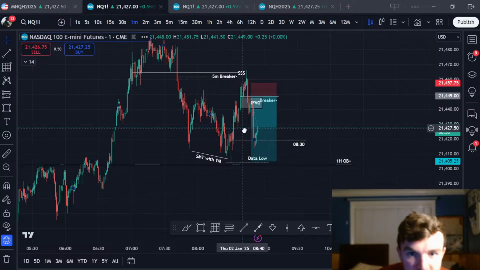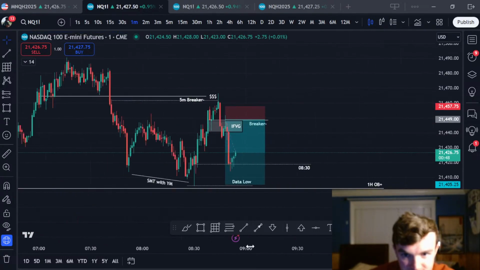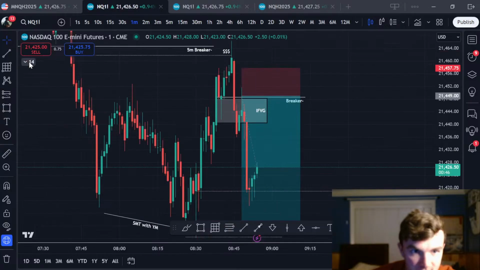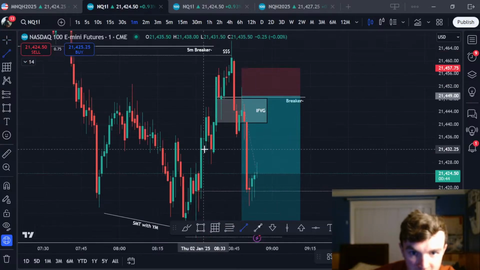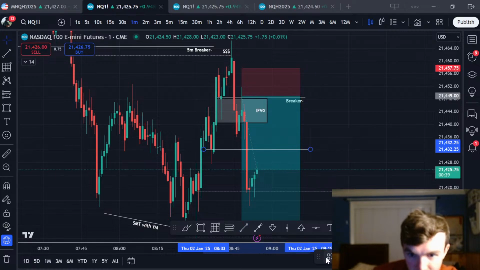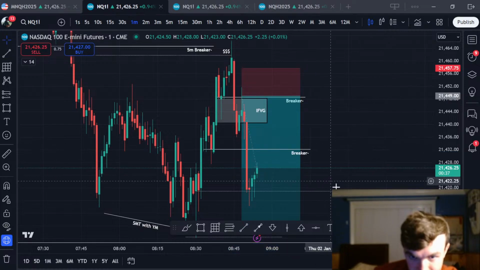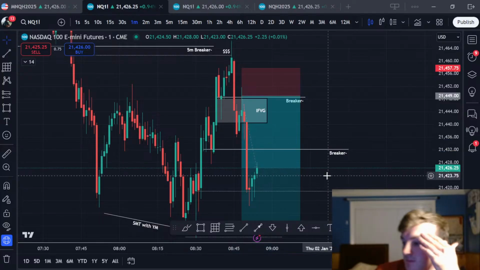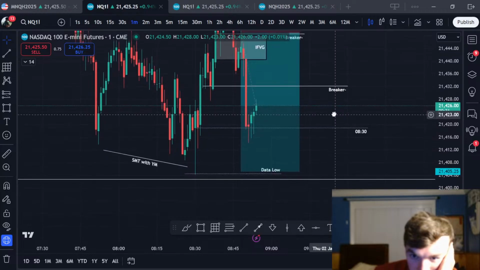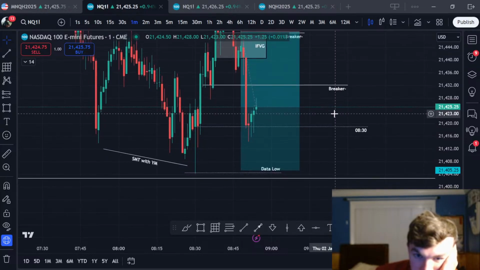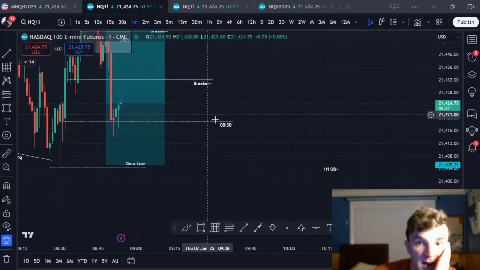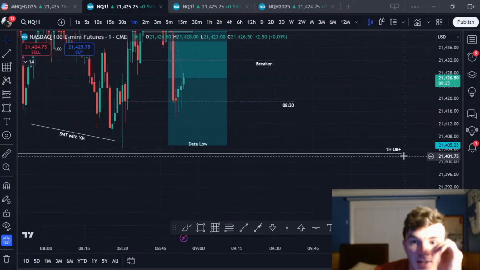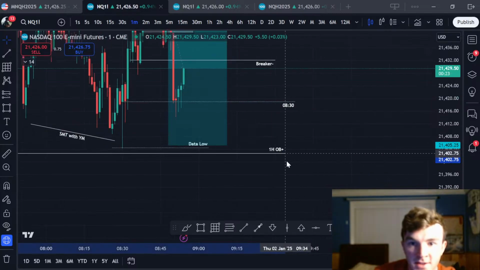This is another breaker right here, so we'll probably react off of this. Yeah, like I said, the 1 hour order block just chilling below the data low.